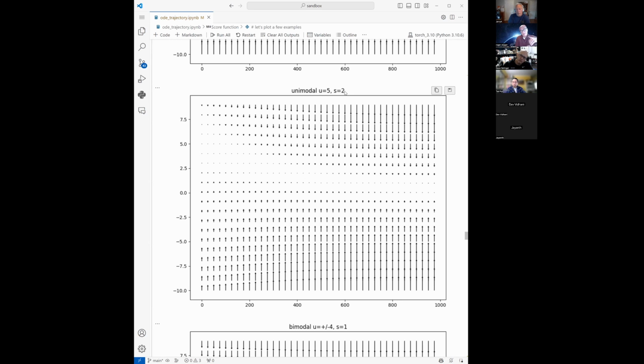The magnitude of the field increases the further you get away from the P of data. And going across, we're watching how the score function changes with time. Horizontally, we have time from 0 to t1000. For each one of those, you'll have a different distribution, and the vector fields in the direction of the data.